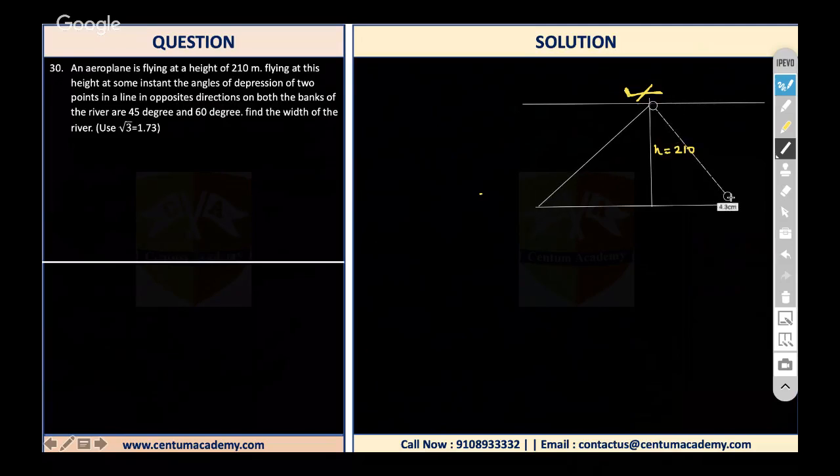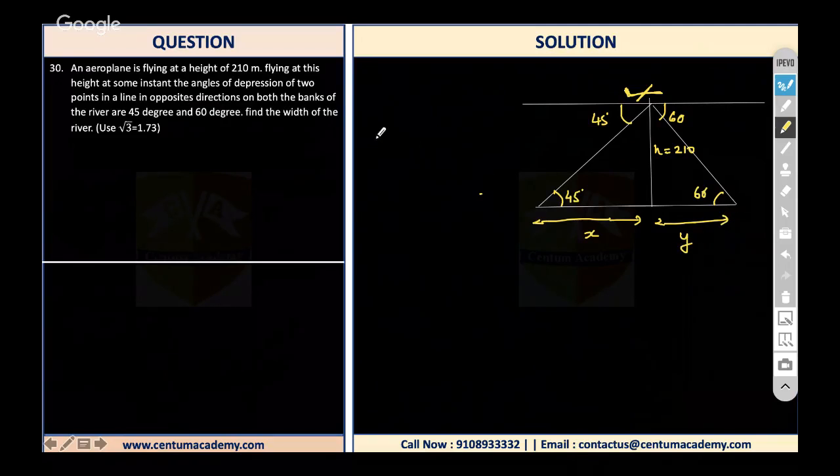So this angle is 60 degrees and this angle is 45 degrees, let's say. So this is 45 degrees, alternate angles, and this is 60 degrees, alternate angles. Now what is to be found out? Width of the river. Let's say this distance is x, this distance is y.